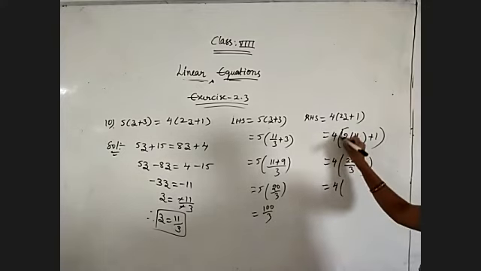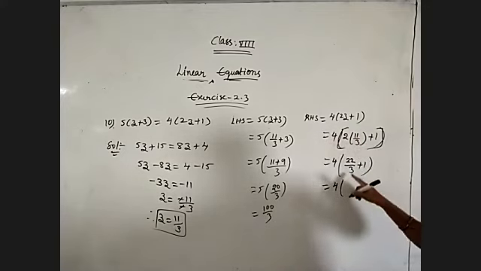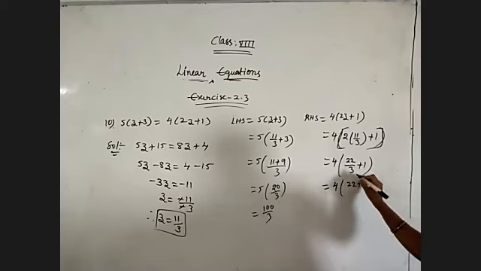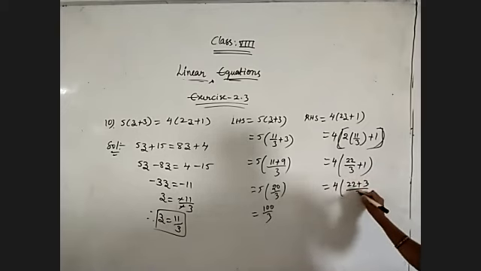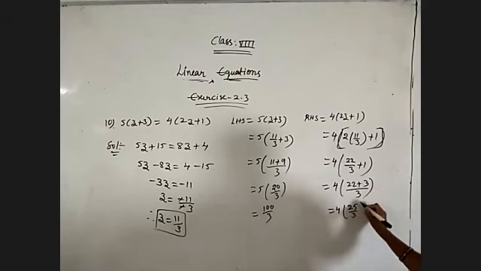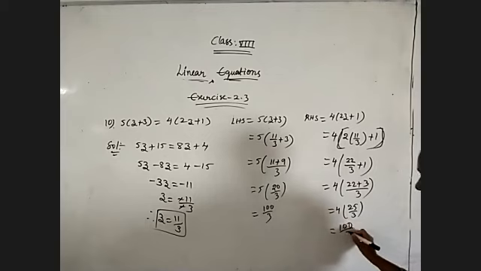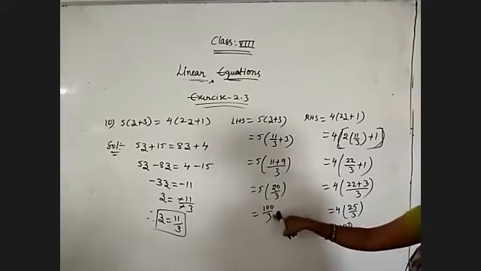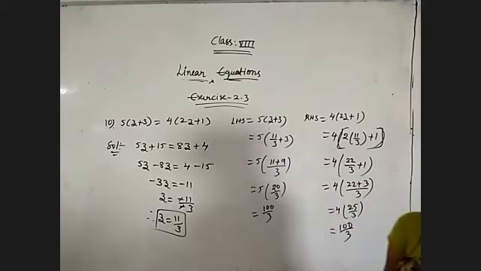For that sake only I am telling. Now 22 plus 3 ones are 3 by 3. So 4 into 22 plus 3, 25 by 3. 25 4s are 100 by 3. 100 by 3, 100 by 3. So LHS is equal to RHS.